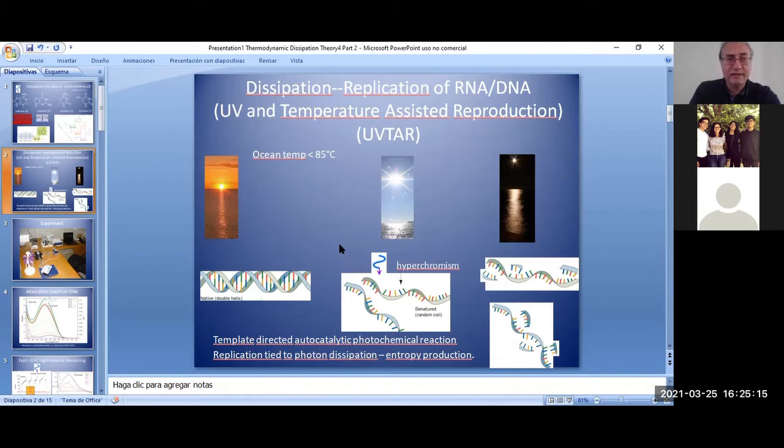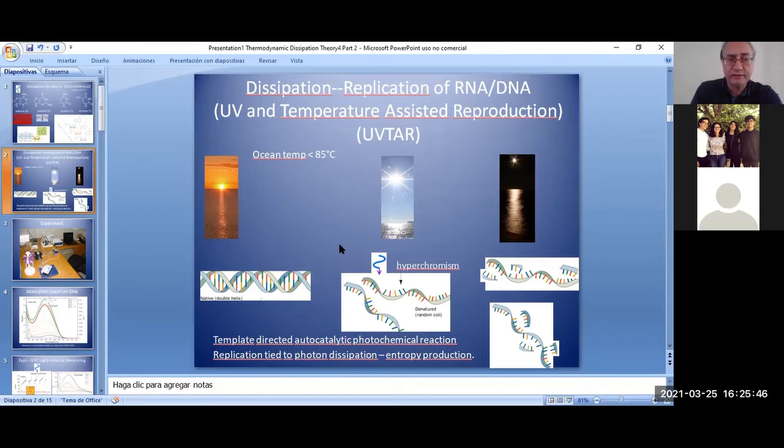And if you remember, in the last class we said that the ocean temperatures were very high at the origin of life, about 85 degrees centigrade. And it turns out that 85 degrees centigrade is just about the temperature of denaturing of DNA. It depends on the length of the DNA and on the types of bases which are part of the sequence, but for short strands, it's about 85 degrees centigrade.